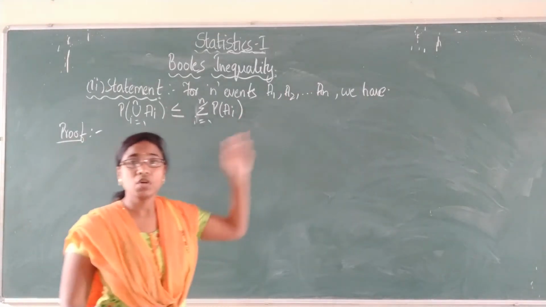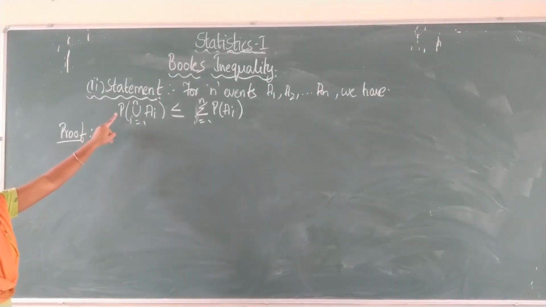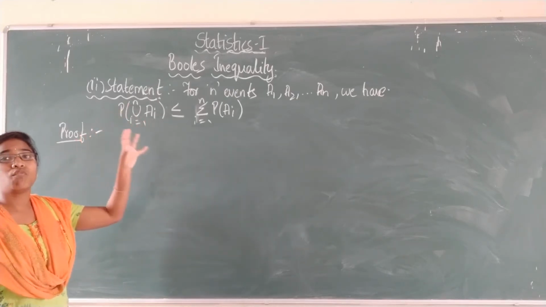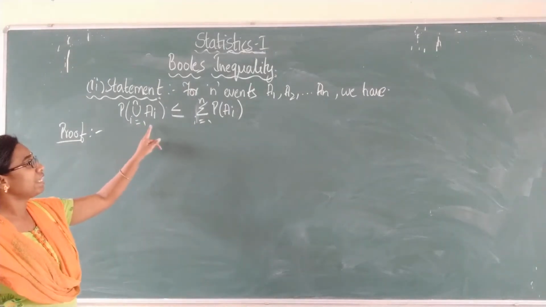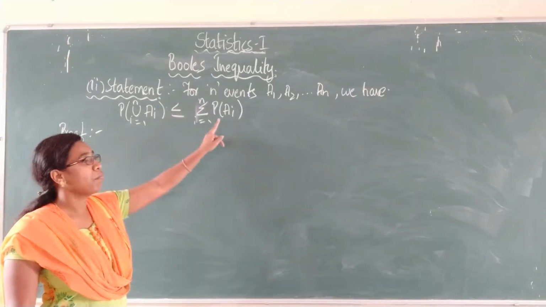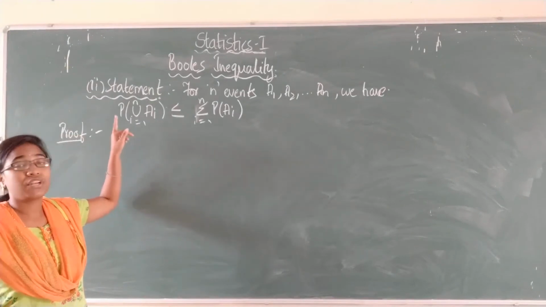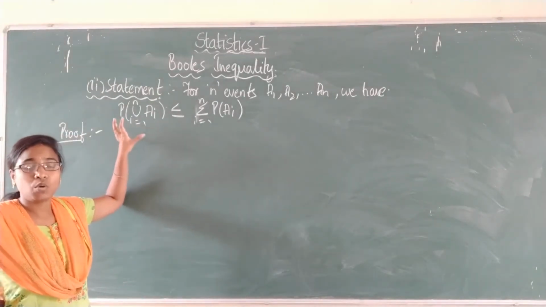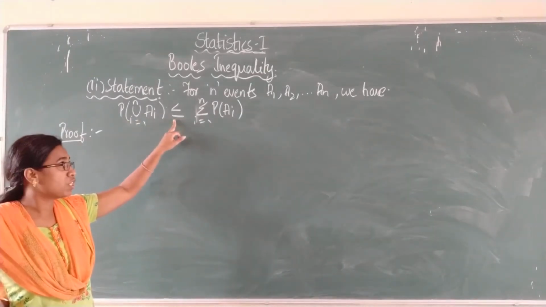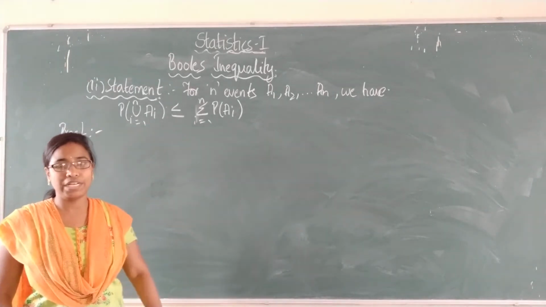We need to prove for these n events that probability of union i equals 1 to n of Ai, that is union of all n events probability, is less than or equal to summation i equals 1 to n P of Ai. So whenever you consider the probability for union of all events, that total union of all events probability is always less than or equal to summation of those single event probabilities.